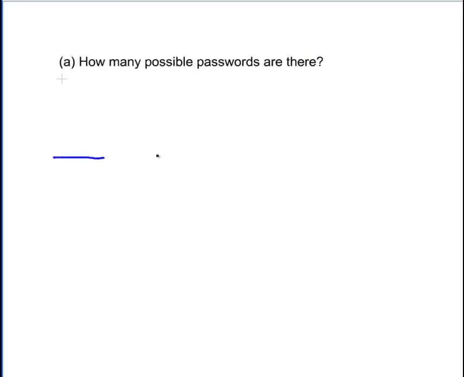So the approach I'm going to use, and this question is almost too simplistic to use this approach, but it's a good idea to get used to the approach first, is to set out each of the 5 positions. So this is the first position, second position, third position, fourth position, fifth position, and talk about how many options there are for each of those positions. In the first instance, there are no constraints in this example.